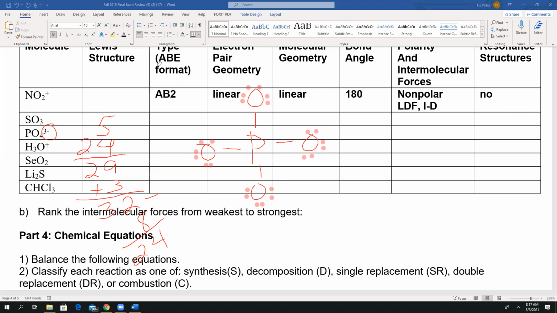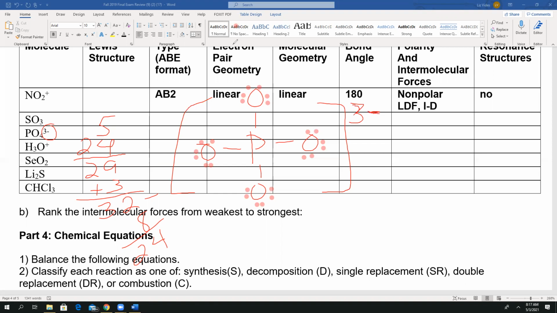And that's that. And then, since it is a charged molecule, the last thing to do is this, right? Okay. And that is it. That is your whole entire Lewis structure.